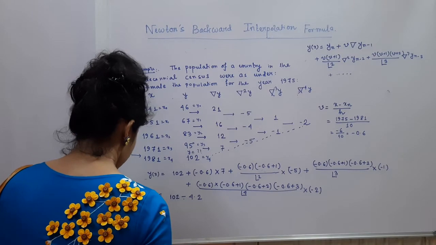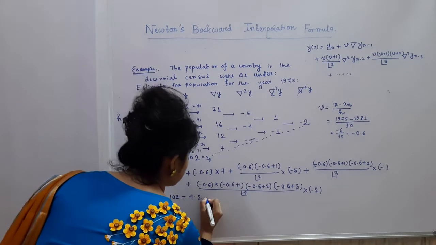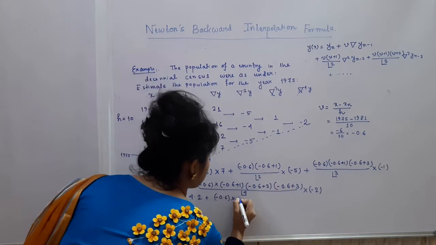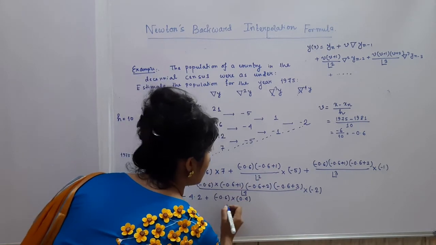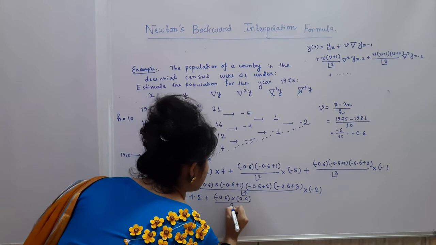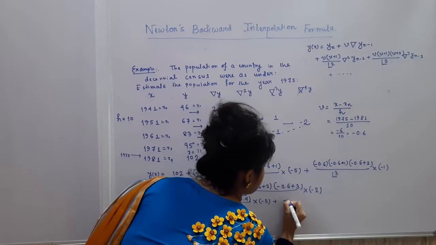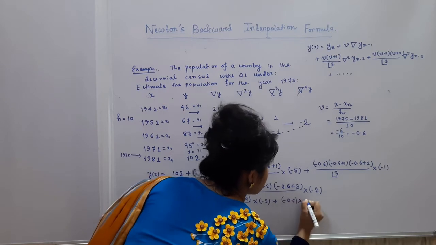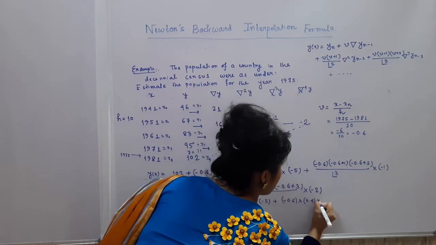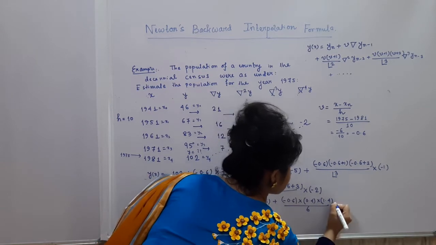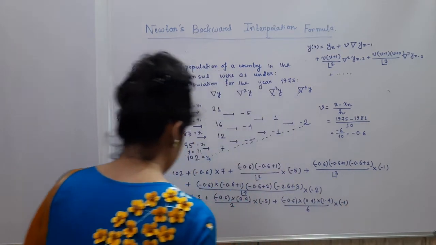And that would be minus 0.6 into plus 0.4 by 2 into minus 5, and plus this will be minus 0.6 into 0.4 into 1.4 by factorial 3, which means 6, into minus 1.